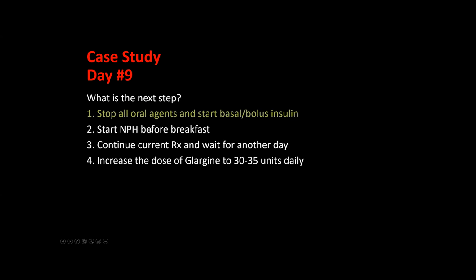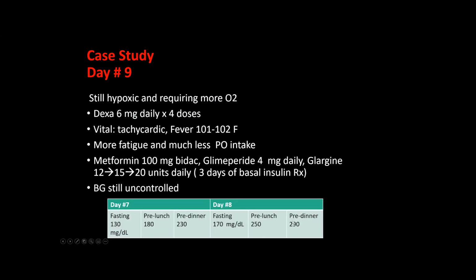In this case, number 1 would be the best choice, because if you look at the slides, you may notice that the sugar has not been getting better. The Lantus is almost 20 units already, and the patient is taking 2 oral agents. The patient's clinical condition is much sicker.